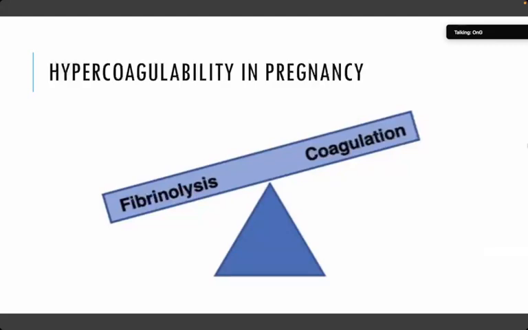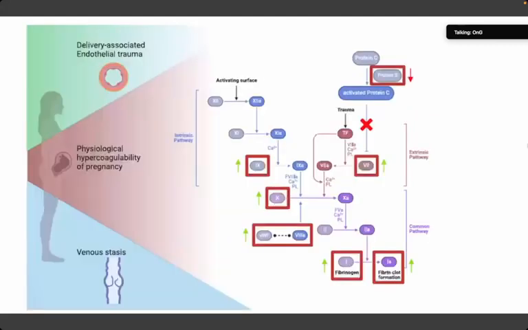This is because pregnancy and the puerperium are characterized by changes that favor coagulation over fibrinolysis. And these occur in all the pathways of the coagulation cascade, such that there's an increase in clotting factors, a decrease in circulating anticoagulants, as well as reduced fibrinolysis.